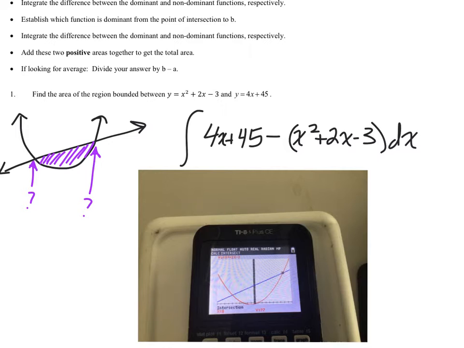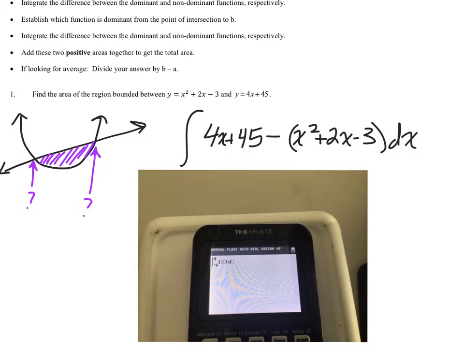So now I know my intersections. When I hit math 9, I'm looking for an interval beginning at -6 and going to 8.